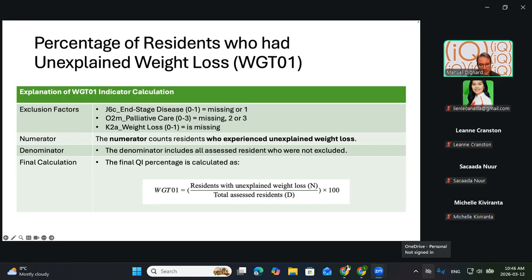So we're not going to say this is a quality issue. It's the opposite, right? It's good. But they've removed that question, it's no longer in the LTCF. So now, even if they're on a planned weight loss program and you indicate that they have lost weight, they're going to say you have unexplained weight loss.